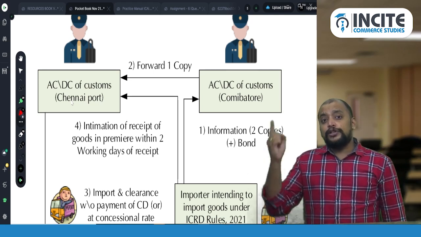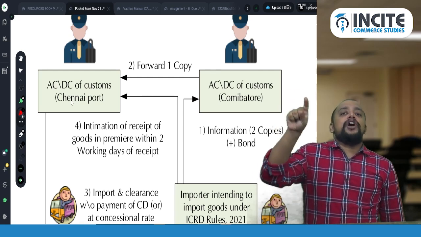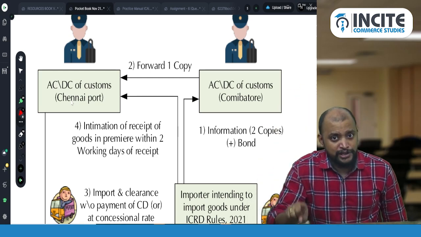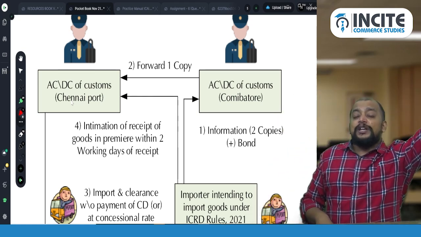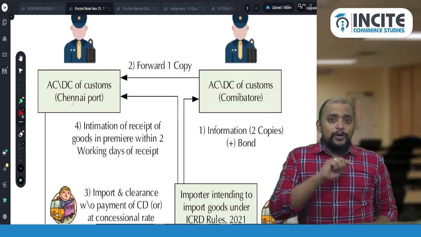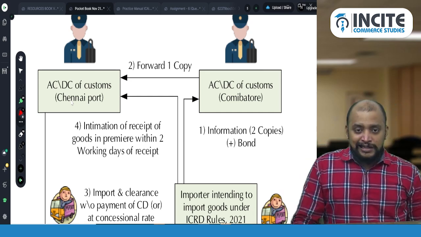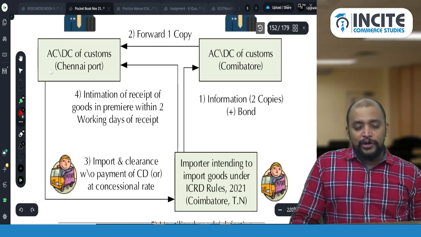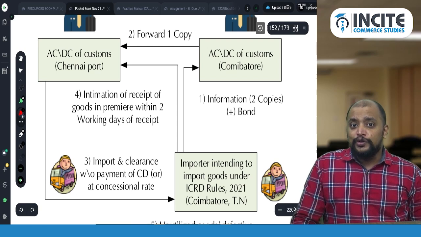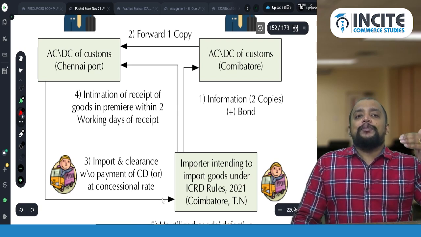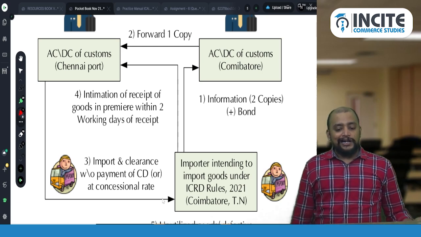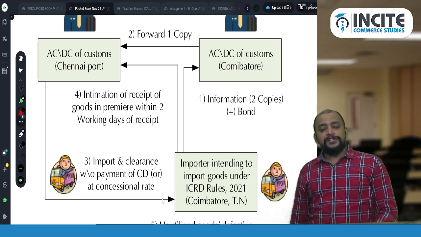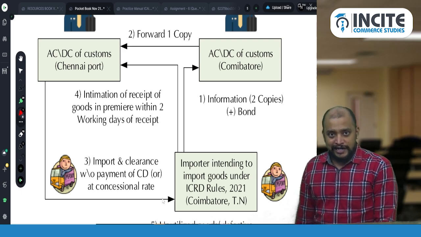Now Coimbatore ACDC will forward 1 copy of the information to Chennai ACDC where the goods are to be imported. Now that Chennai ACDC, whenever the goods are imported, will allow them to the importer without payment of customs duty. So point number 3, import and clearance without payment of customs duty or at concessional rate.